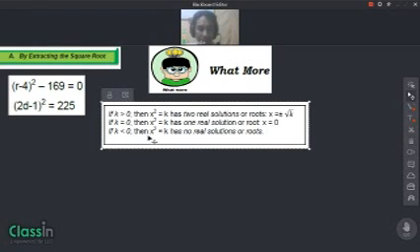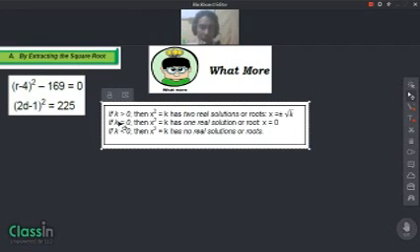If k is greater than 0, then x squared equals k has two real solutions or roots. Then the value of x is positive or negative square root of k. It is greater than 0 if it is positive.